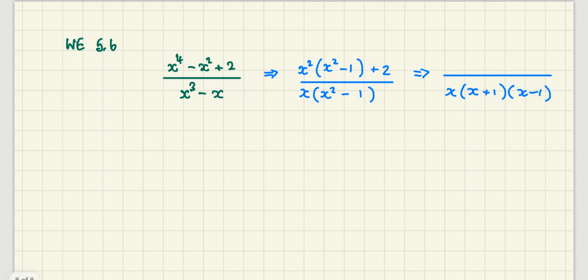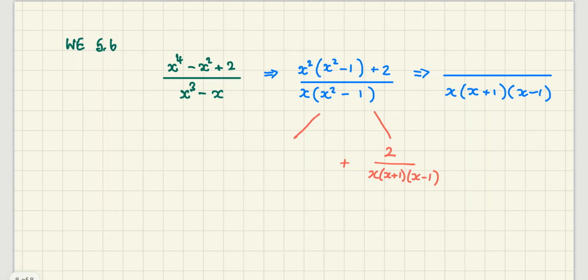So what we're going to do is just split the fraction up, not partial fraction style, but literally just split the fraction into its two parts with a plus in the middle. One side is going to be 2 over x times x plus 1, x minus 1.